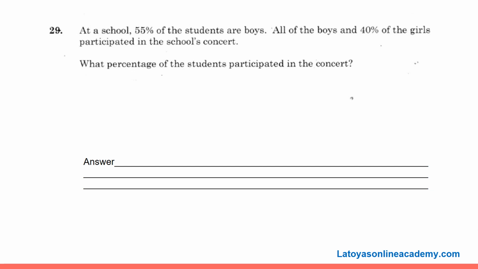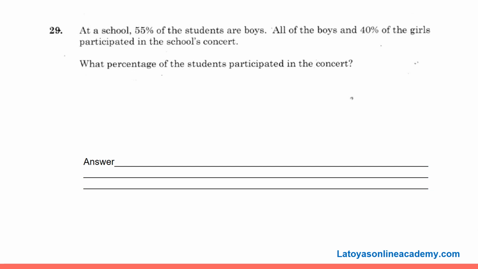Question 29. At a school, 55% of the students are boys. All of the boys and 40% of the girls participated in the school's concert. What percent of the students participated in the concert? Again, it's a word problem, so we'll read it again.